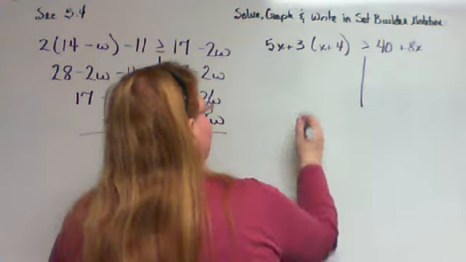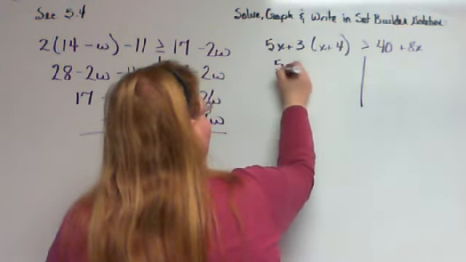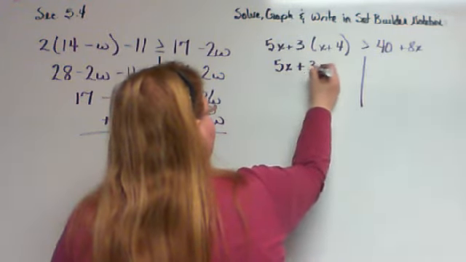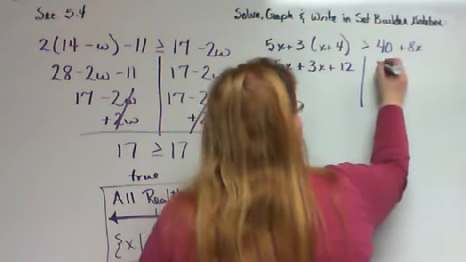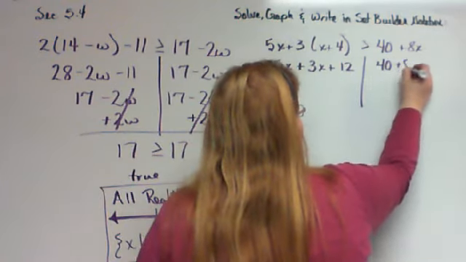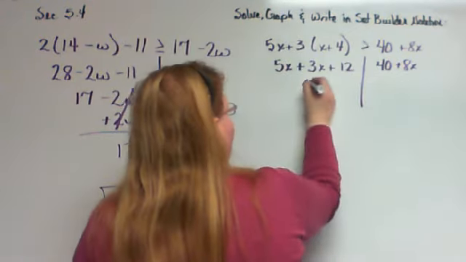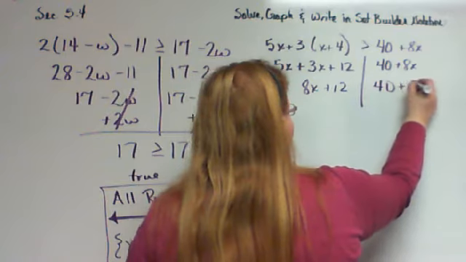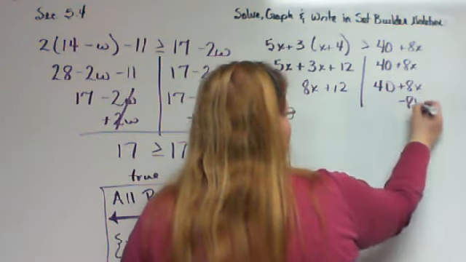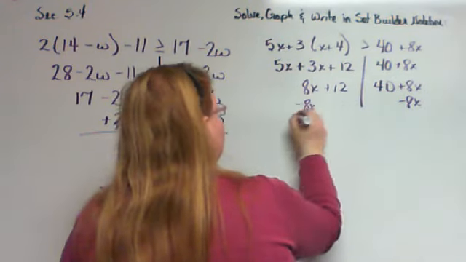Still might be really to go. 5x plus 3x plus 12, and then 40 plus 8x gives me 8x plus 12, and 40 plus 8x. Subtract my 8x from both sides.